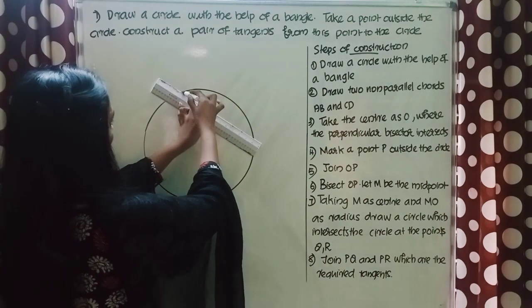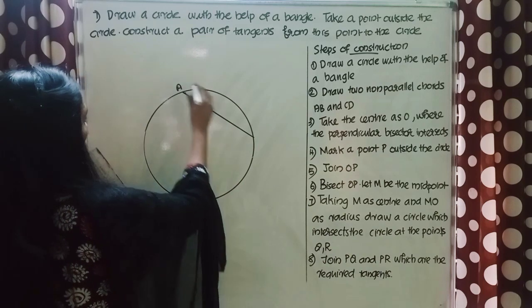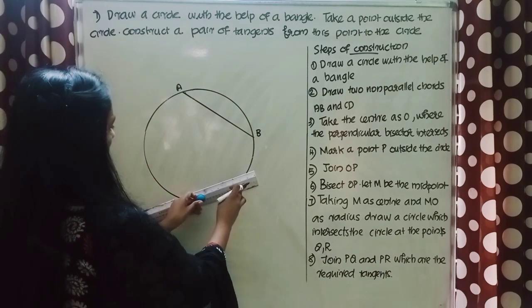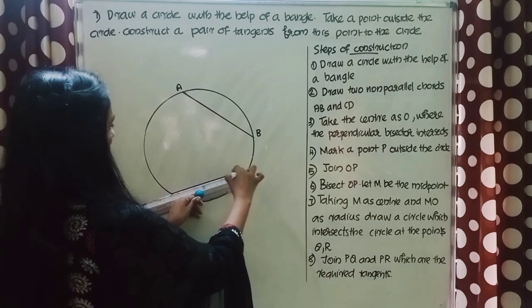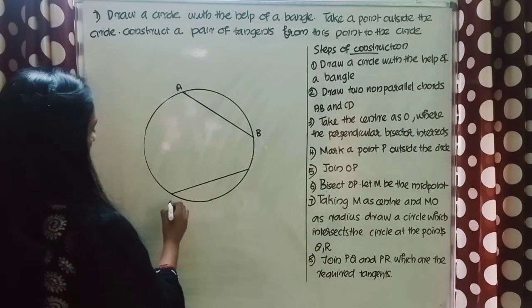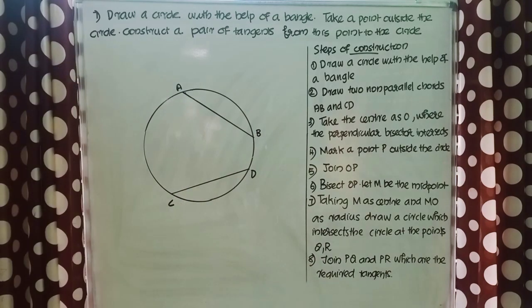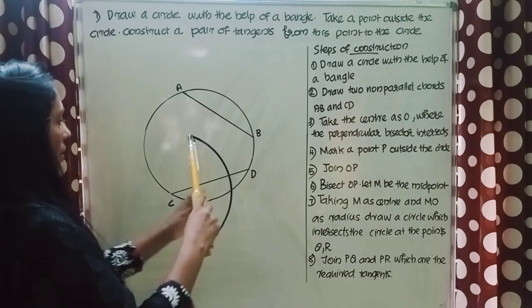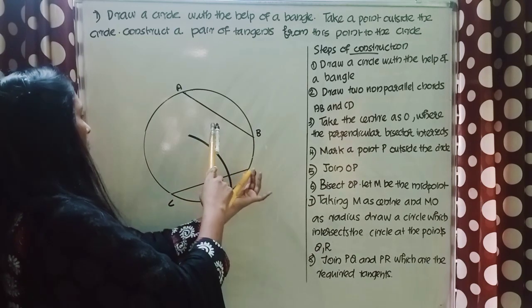First, let us draw two non-parallel chords. To find the center of the circle, let us bisect both chords.